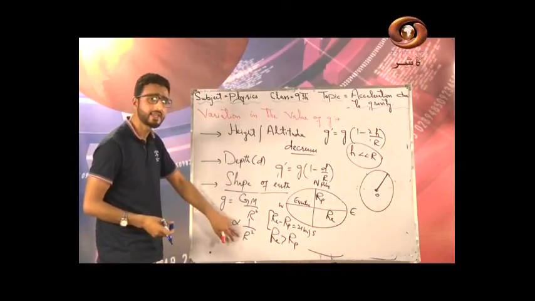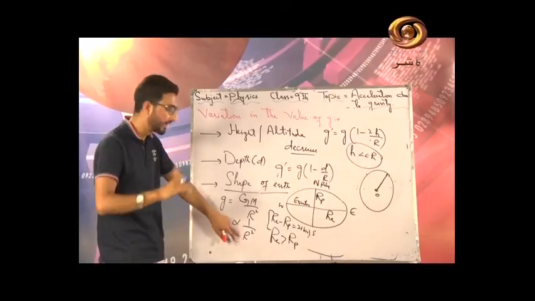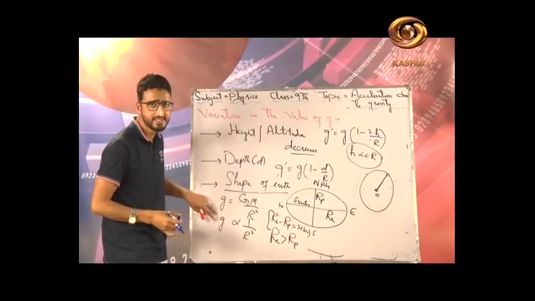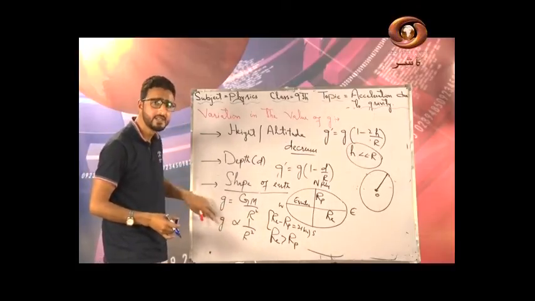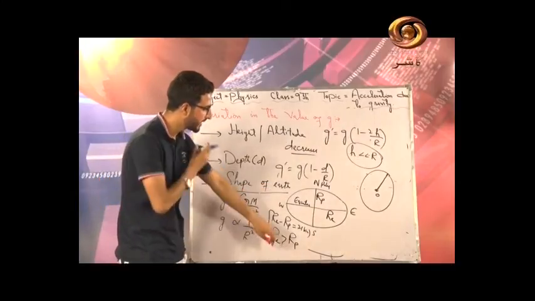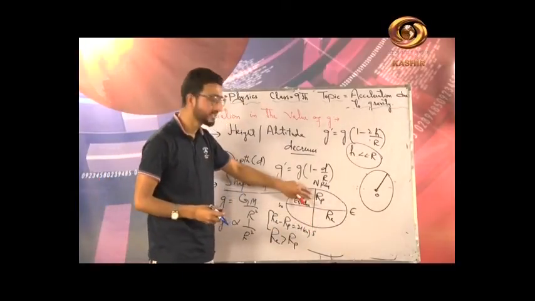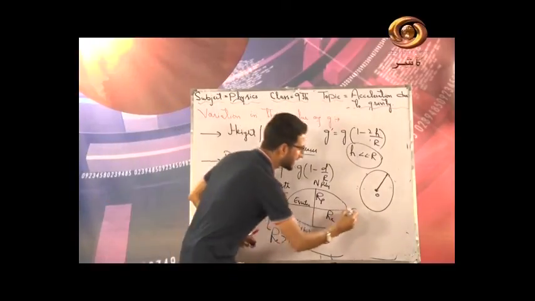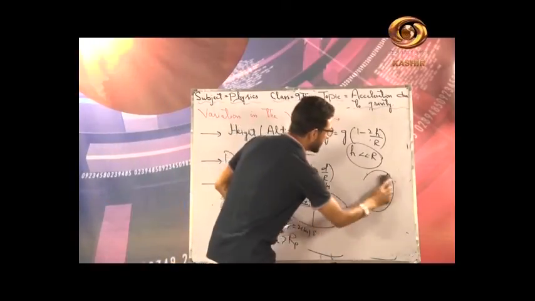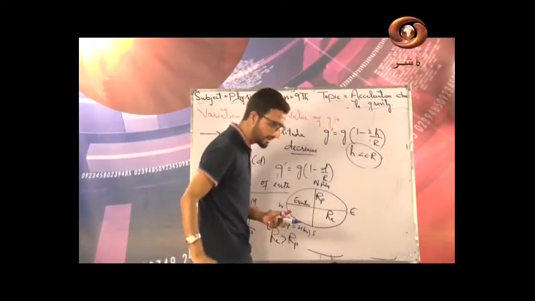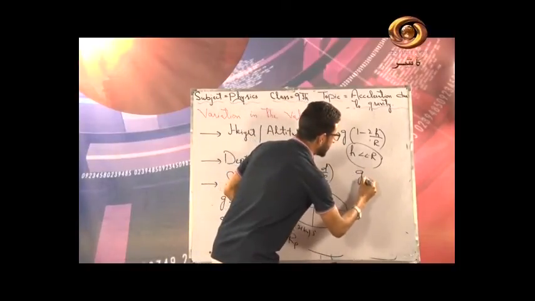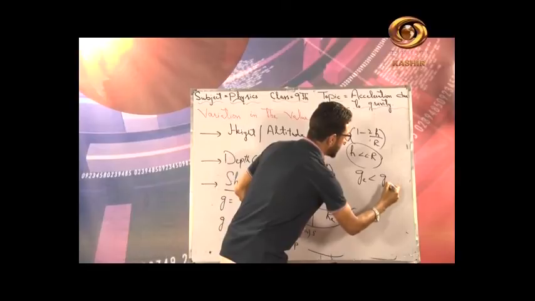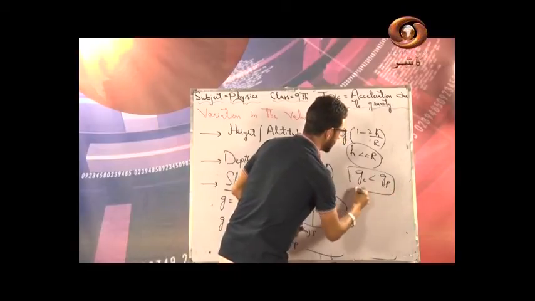But between g and R there is an inverse relationship: when R is more, g is less; when R is less, g is more. Look at this very figure: since RE is greater than RP, g at the equator will be less. So I will write here: acceleration due to gravity at the equator will be less than acceleration due to gravity at the poles.